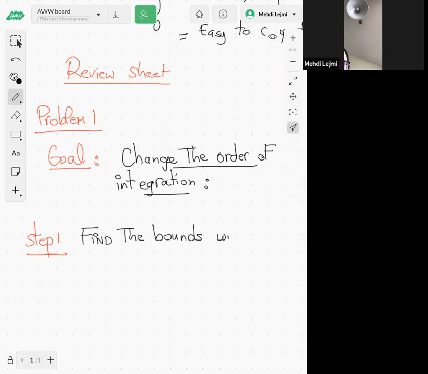In the problem it's dx and then dy, so we have to change the order to dy dx. The first thing to do is to sketch the region.